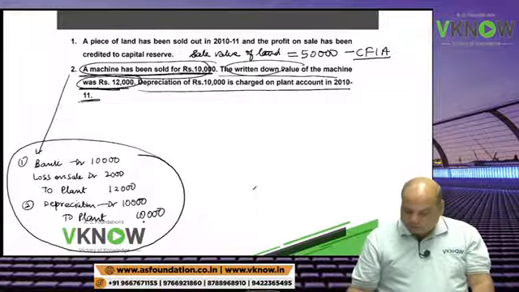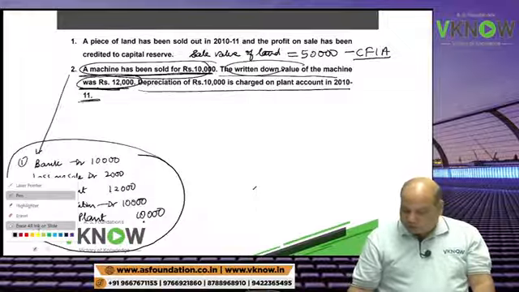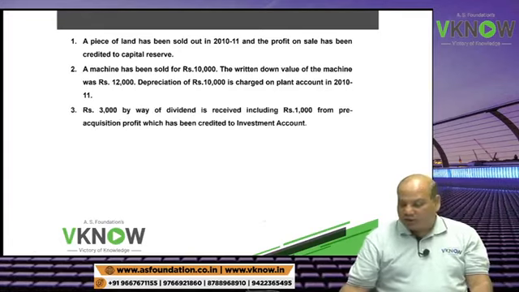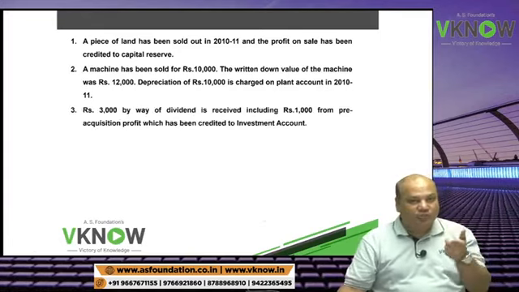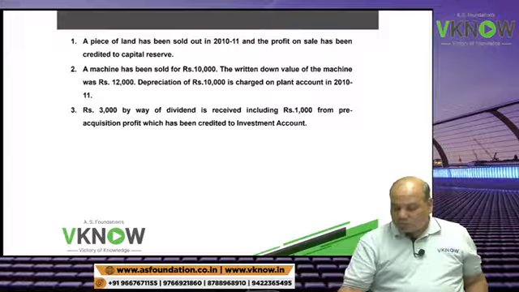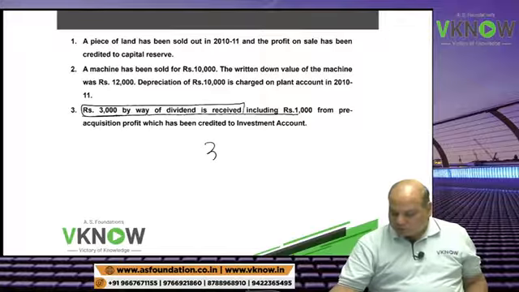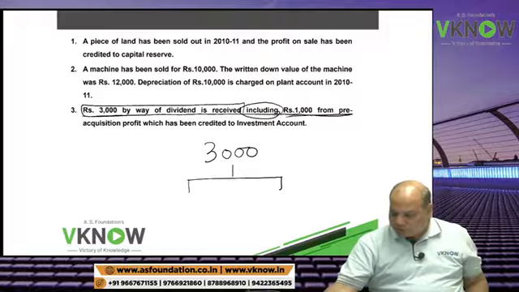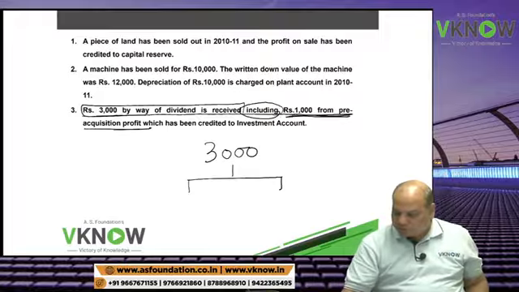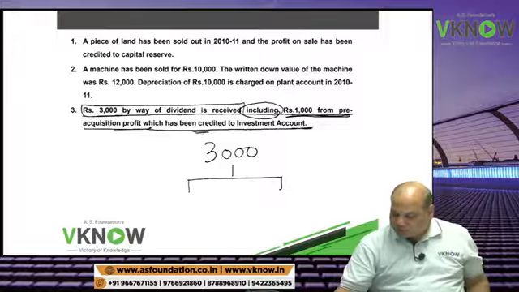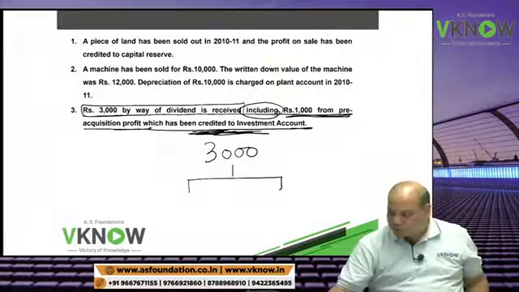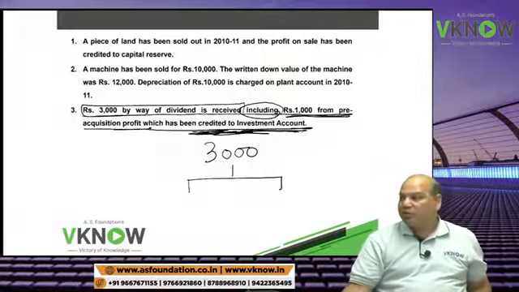Point number 3. Interested students will write down the entries which I am writing for explanation purposes. Rupees 3,000 by way of dividend is received, including rupees 1,000 from pre-acquisition profit, which has been credited to investment account.